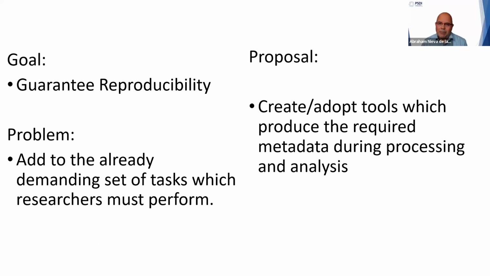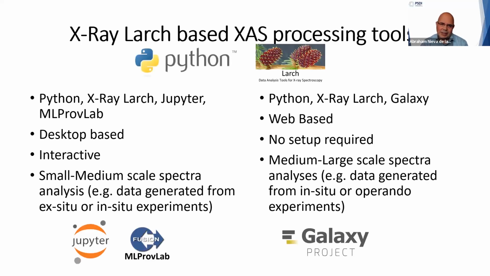And that's why we are proposing the creation or adoption of tools which can produce the required metadata during the processing and analysis tasks. And as I said, these tools that we are testing are based on Python and Larch. We have been working with two parallel versions. One which uses Jupyter notebooks, and the other one which uses Galaxy workflows.